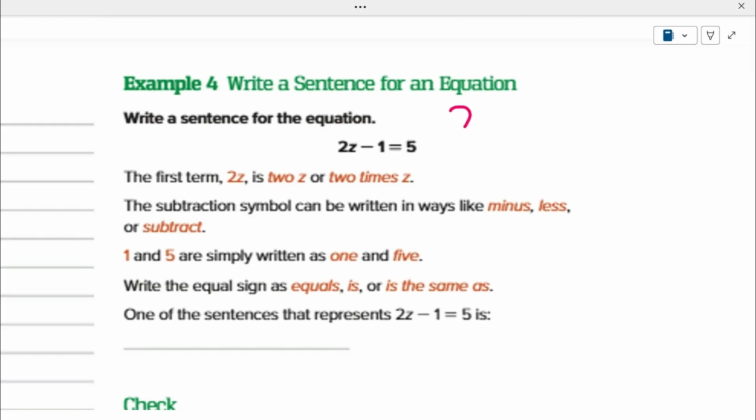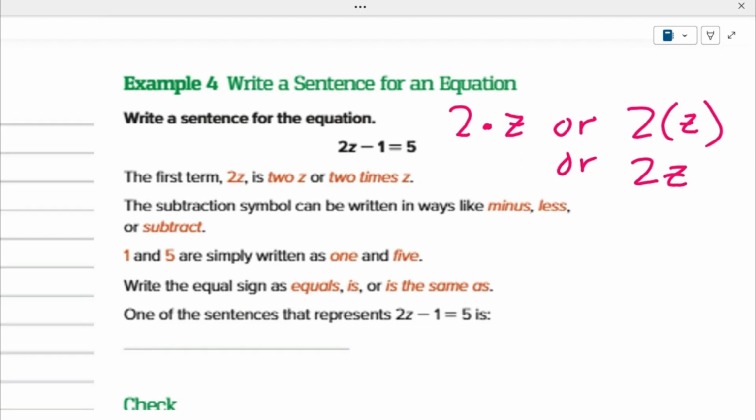So we're saying 2 times z. All of those are ways to write multiplication. So the first term, 2z, is 2z or 2 times z.